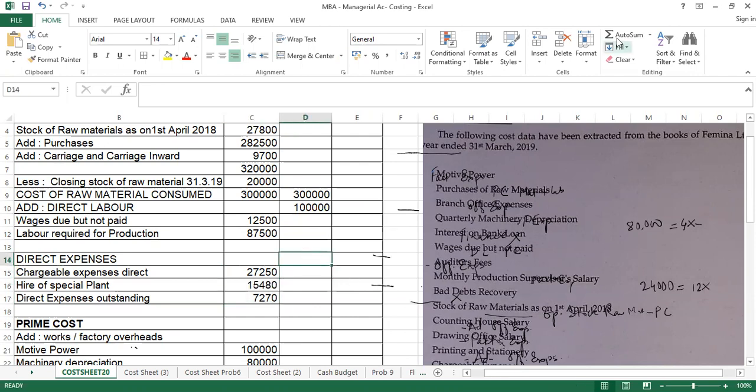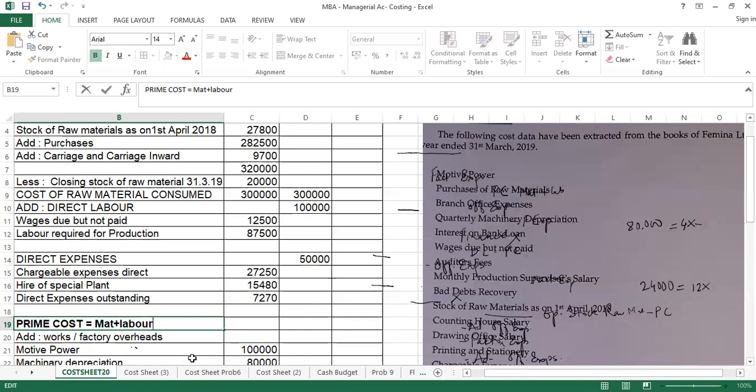So direct expenses, if we add up these three, you get the value as 50,000. So your total prime cost is what? What is the formula for prime cost? Prime cost means direct material consumed, plus direct labor, plus direct expenses.